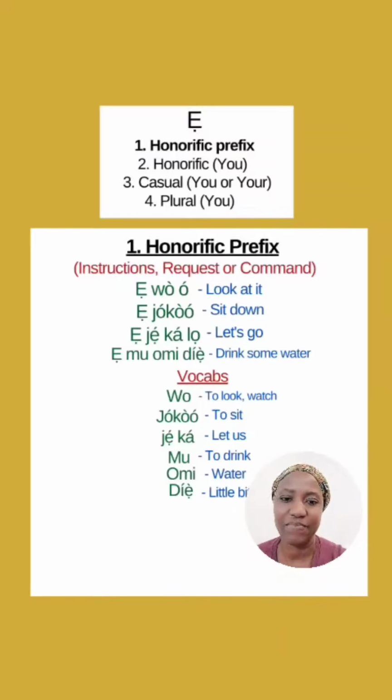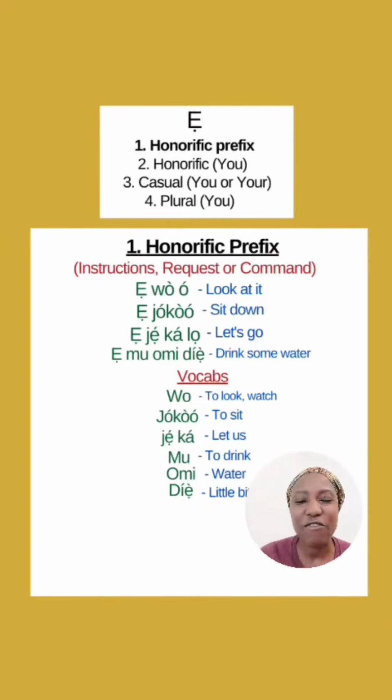So, first, e is used as honorific prefix. Now, these prefixes are used a bit slightly from the way they're used in English. When you add a prefix to an English word, it changes the meaning of the word.